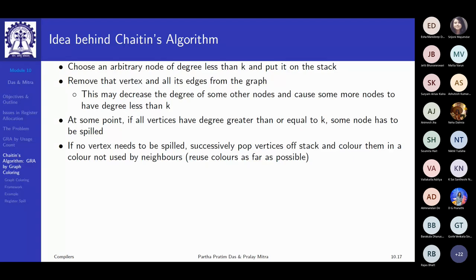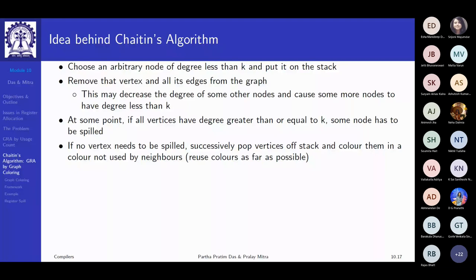We will come to details of that, which basically spilling means that we'll have to choose a node or a variable in the program which cannot get a register. So it will reside in the memory, and every time we use it, we will have to load it from the memory, and every time we define it, we'll have to store it back to the memory. Now, first, let us assume that we have a situation where no vertex needs to be spilled.